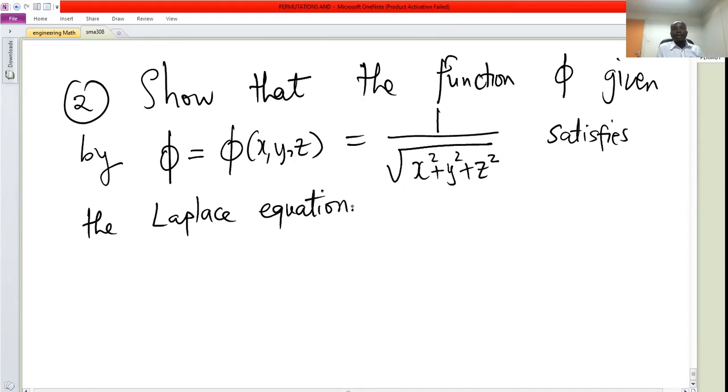Now, these are cases whereby we prove Laplace equation in 3 dimensions. So, solution.